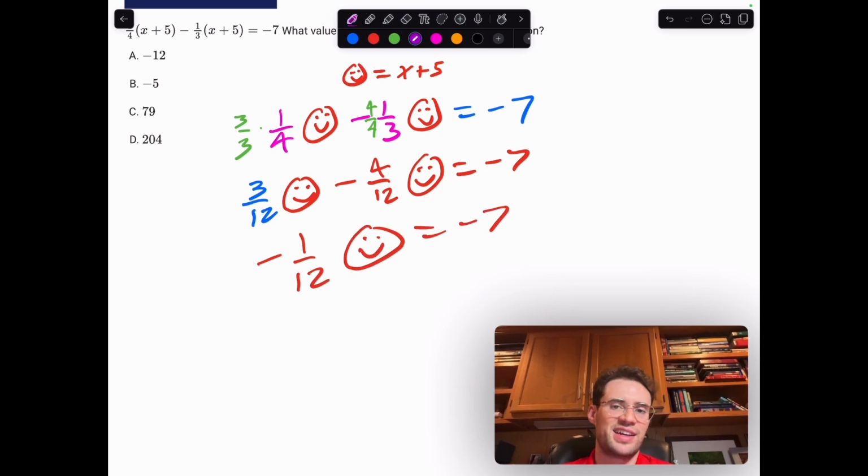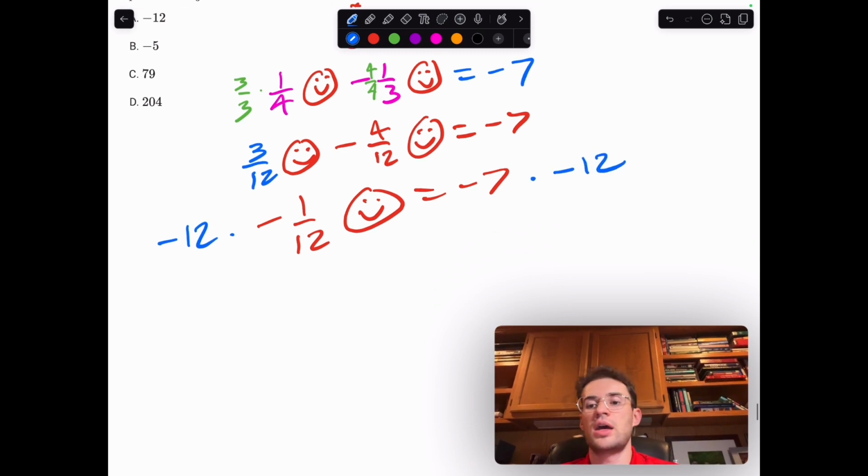Some people say that's infinity times smiley face, but don't get confused with that. -1/12 times smiley face equals -7, so you can multiply both sides by -12. I'm multiplying by the 12 to get rid of the 12 in the denominator, and multiplying by negative to get rid of the negative. So multiply both sides by -12. Negative times a negative makes a positive, and 7 times 12 would be 84. So that means smiley face equals 84.